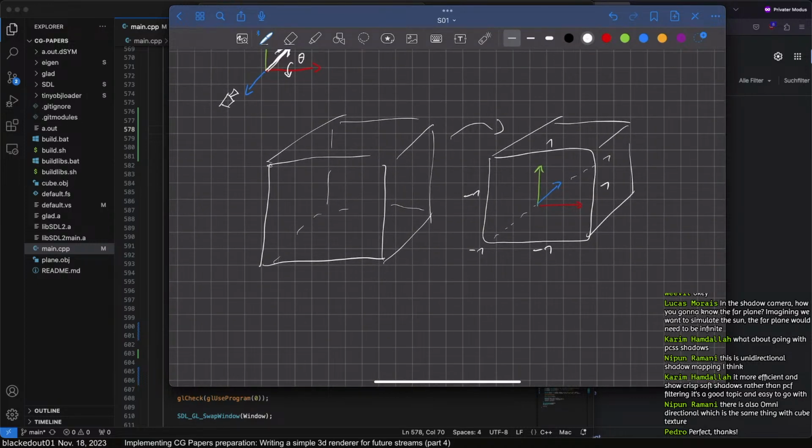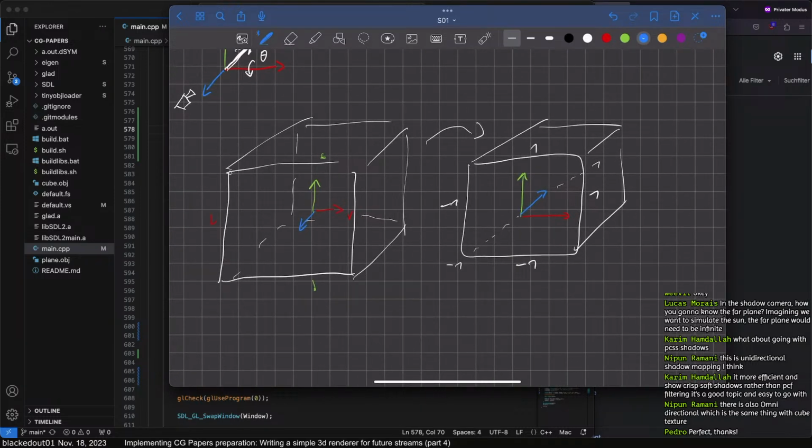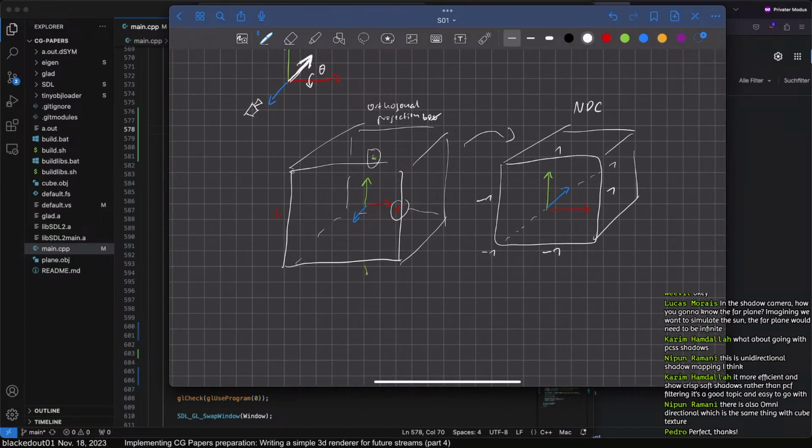So the only difference between these two boxes is that we define a left, right, top, bottom, and because our coordinate system in world space is right-handed, the z-axis points in another direction. So the basic difference between the NDC cube and our projection box is just that we have different values for the edges.